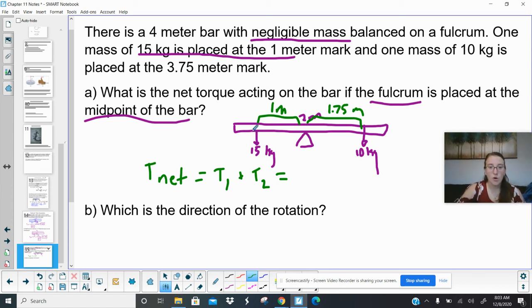If I'm pulling down over here, that would mean I'm pulling towards the left. If I'm pulling down over here, I'm pulling down towards the right. These are different clockwise and counterclockwise rotations, so we need to call one of them positive and one of them negative. I know it's so weird. These are actually pulling in different directions.